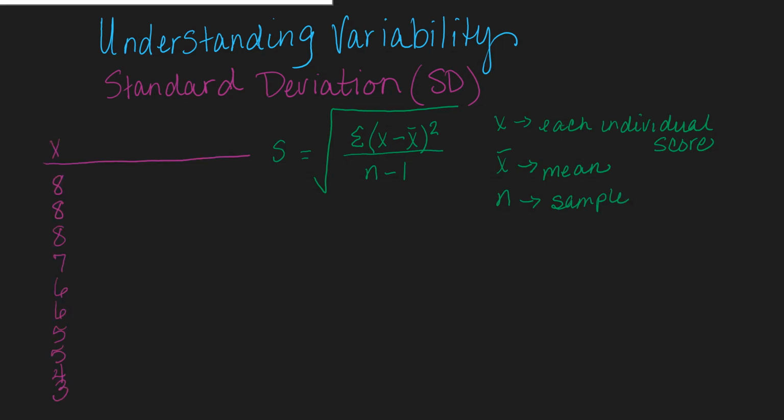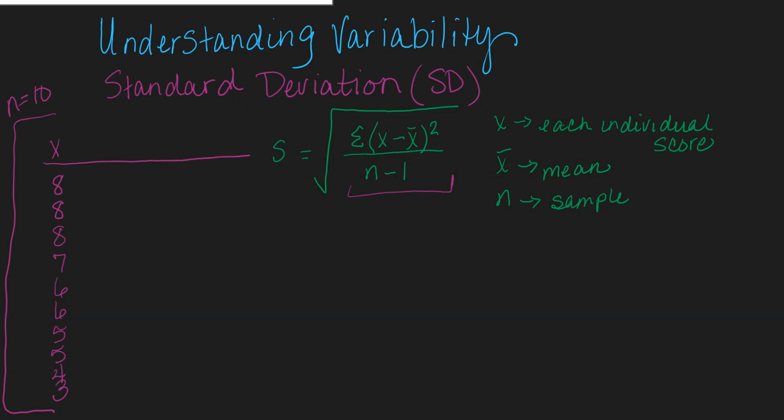We have this set of data. We have 10 observations. And we have the score for each observation. Well, the first thing that we need to do is try to figure out what pieces we'll need to fit into this equation or formula.